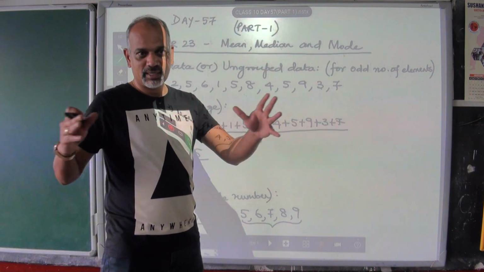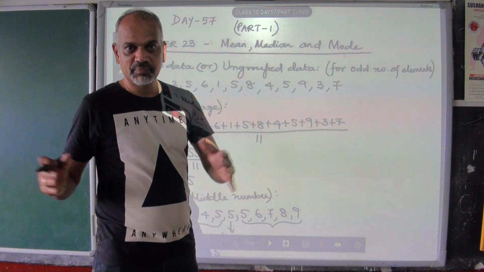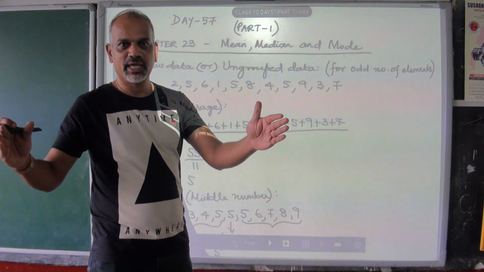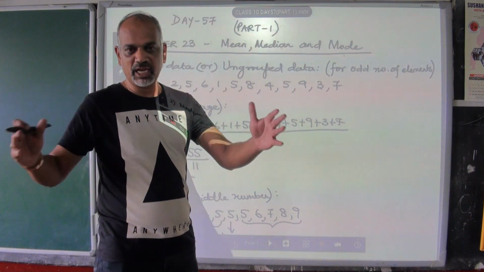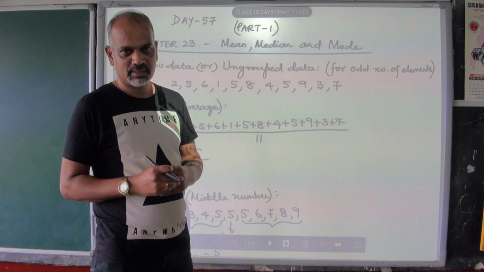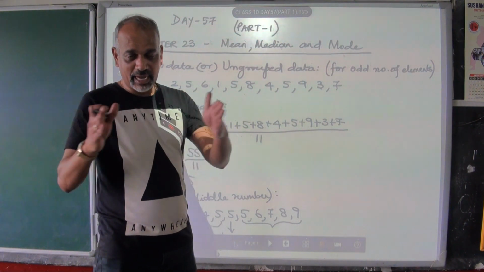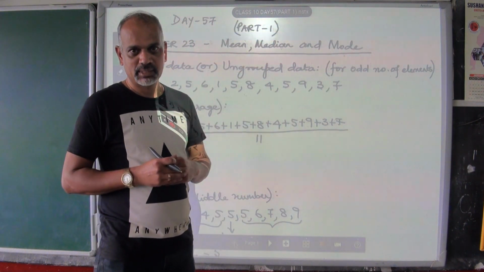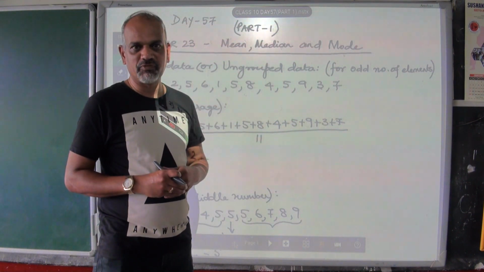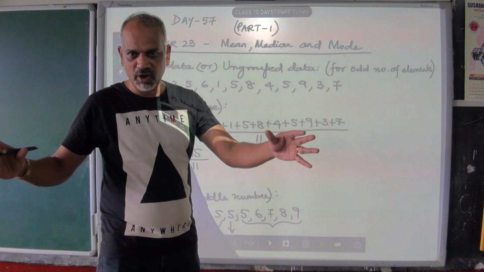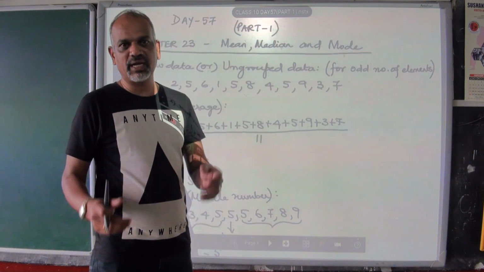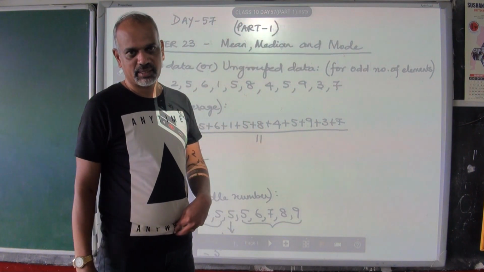I have to see in which range the maximum are. Many of us got marks between 50 and 60, so that's an average mark. Most of the boys got marks between 50 and 60, so the average marks of this class will lie between 50 and 60. That is finding central tendency.